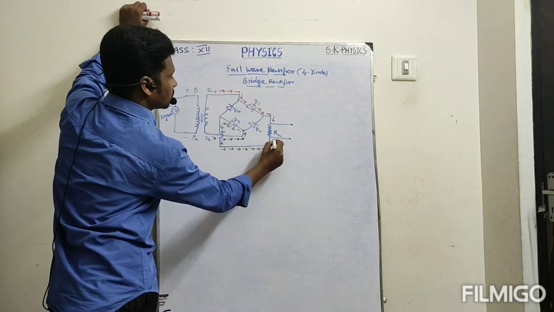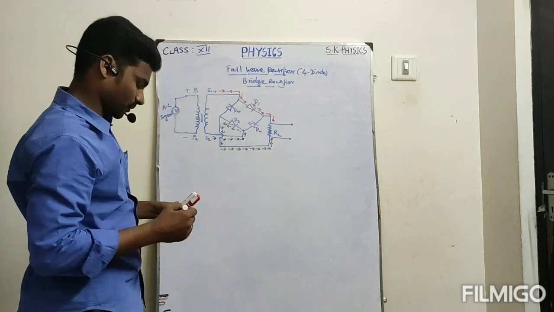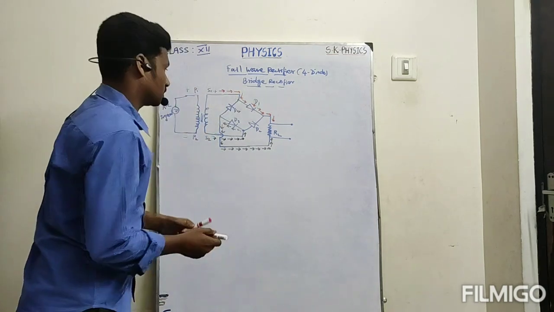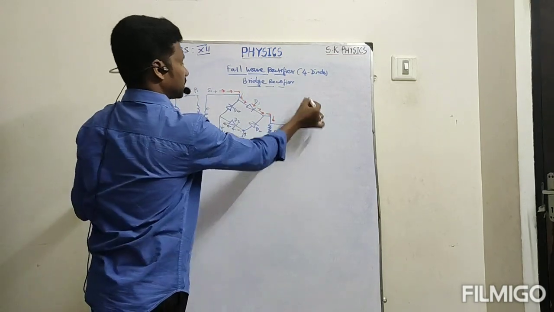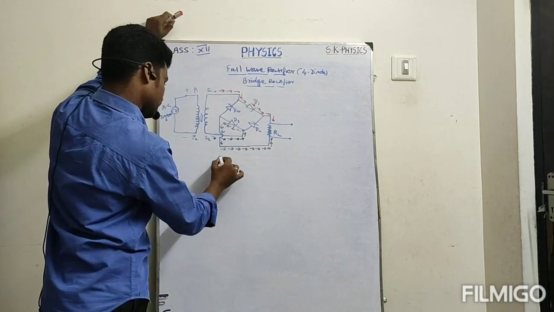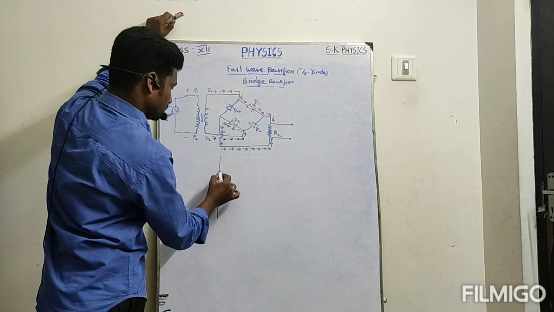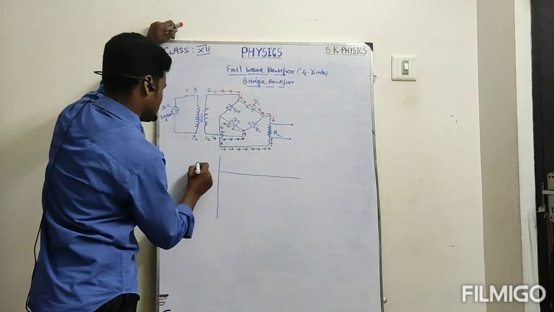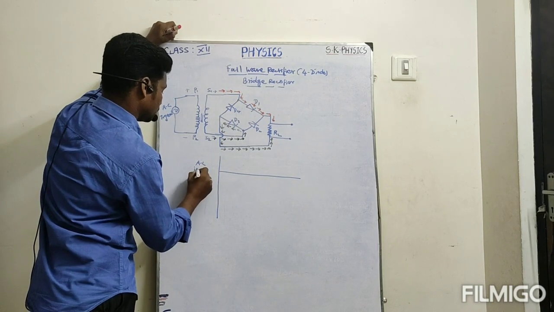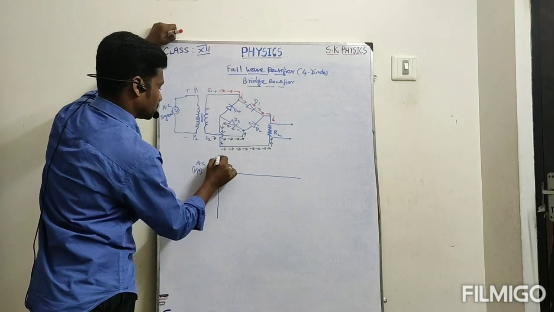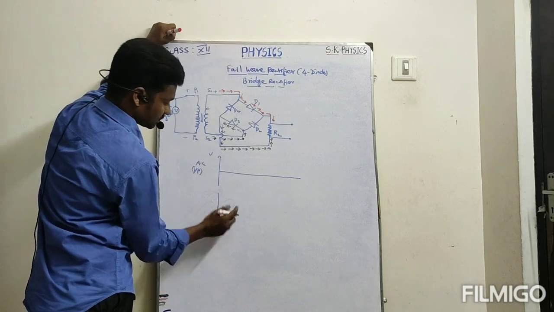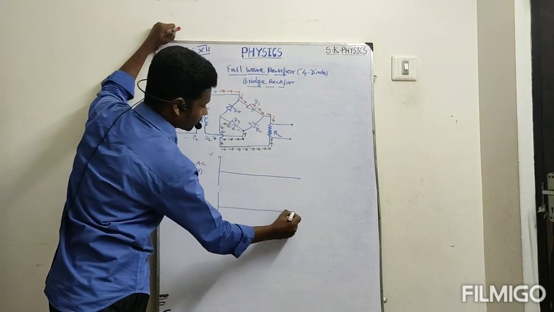So we can get the output of the circuit. For this output I can draw here. Please listen. First it is the AC input source, it's a voltage, then the corresponding output I'll draw here.